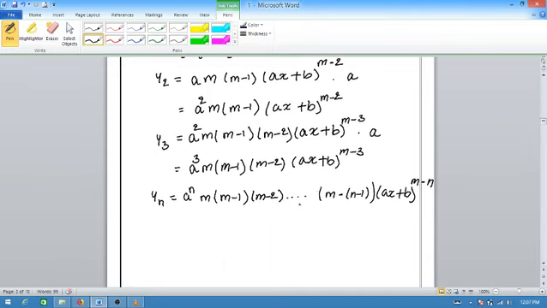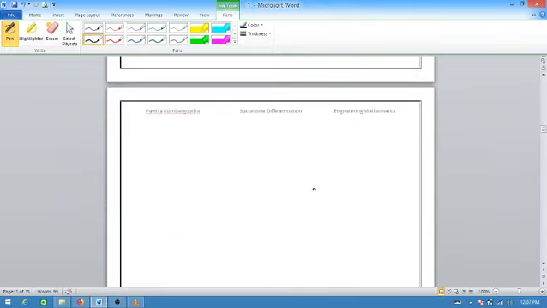If m is negative, in that case, I will consider the next function, that is the fourth one, y is equal to 1 divided by (ax plus b). So this can be written as (ax plus b) whole raised to minus 1. So what is the nth order derivative?